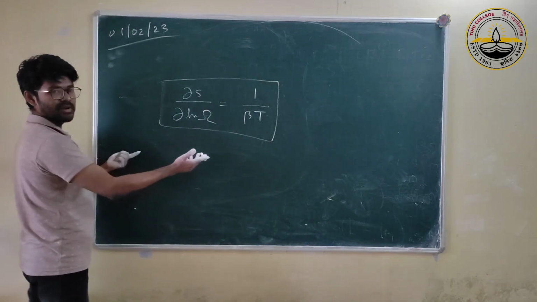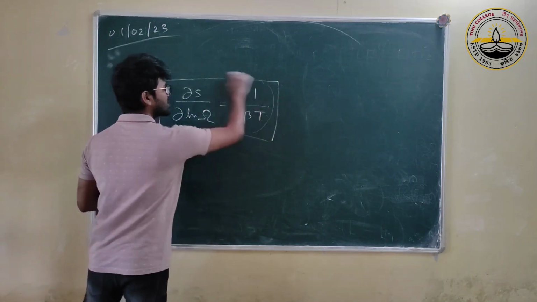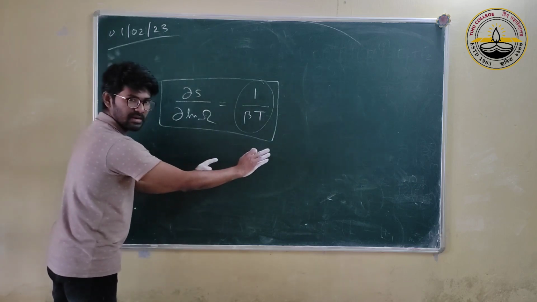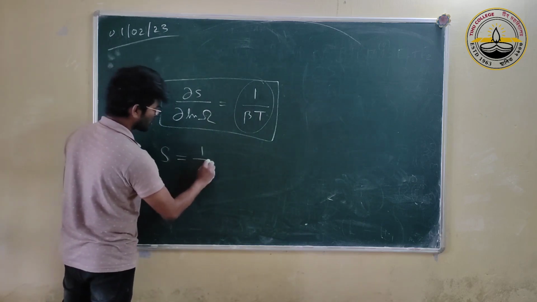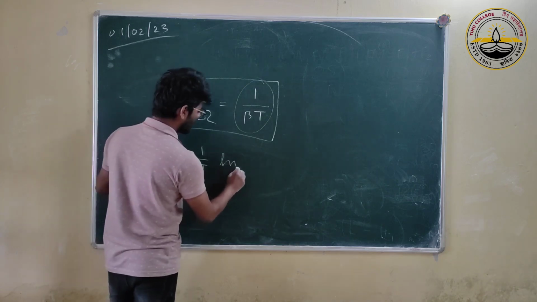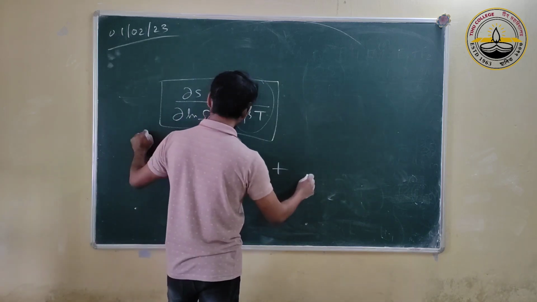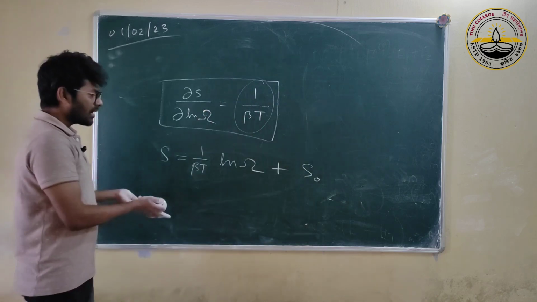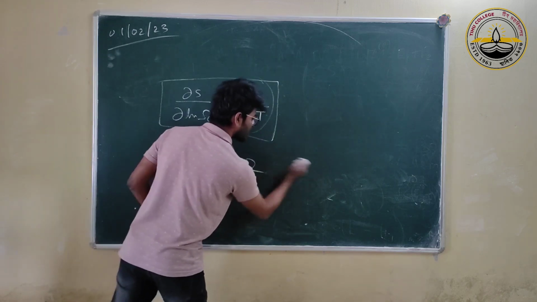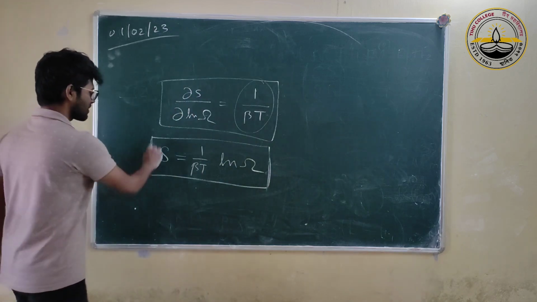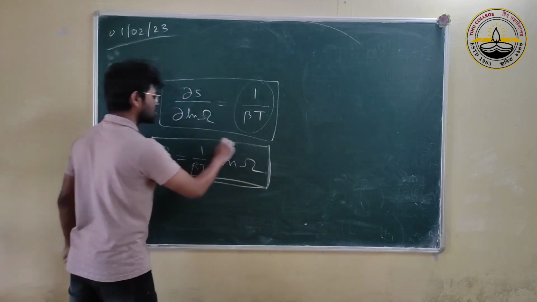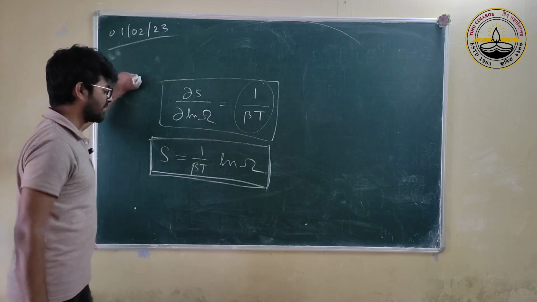This can be integrated. So this is obviously constant. What we will get is S equal to 1 over beta T times ln omega, plus some constant S naught. Planck wrote it without the S naught, just directly this. And this is very true and it's very famous.